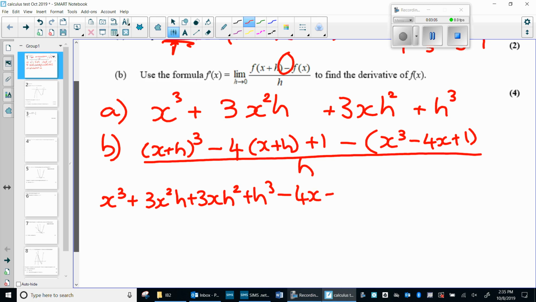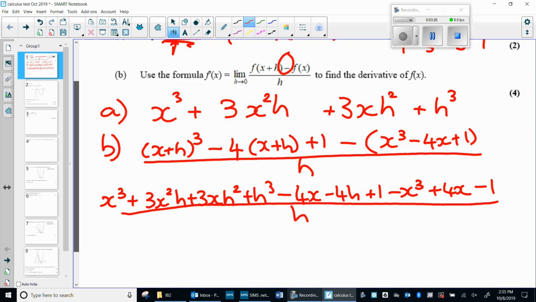You all happy with that? And then this plus 1 is still there. The reason the brackets were important is because we're taking away all of these 3, so that would be minus x cubed plus 4x minus 1, over h.